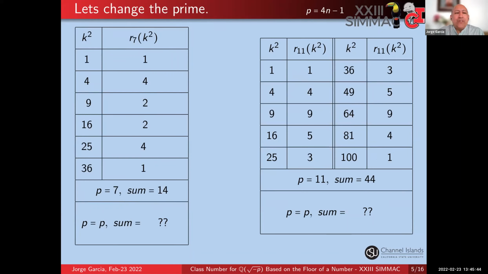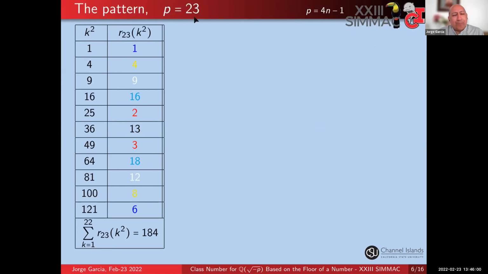In other words, it's enough to compute the sum of residues up to half of them, and then you just multiply by 2. And they appear like in a mirror, right? It's a beautiful symmetry. Let's take a look at this case, p equals 23. I only did half of the chart because I know that's enough. Then at the end, you multiply by 2, and that's it.